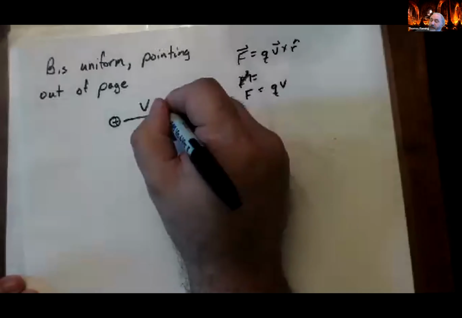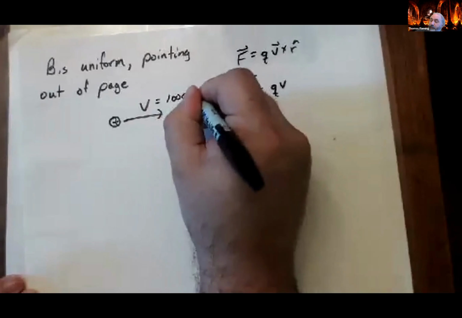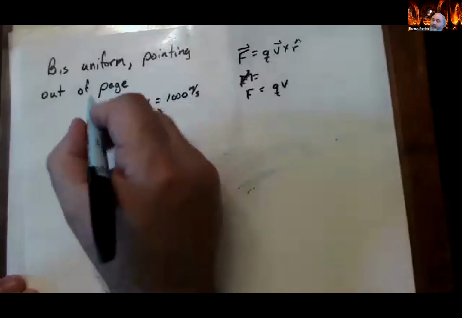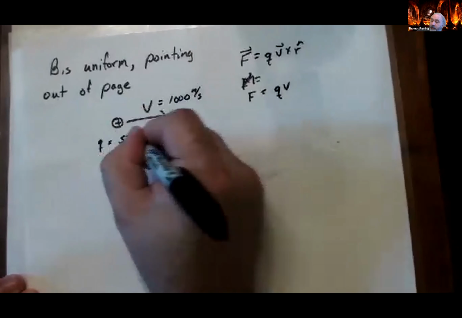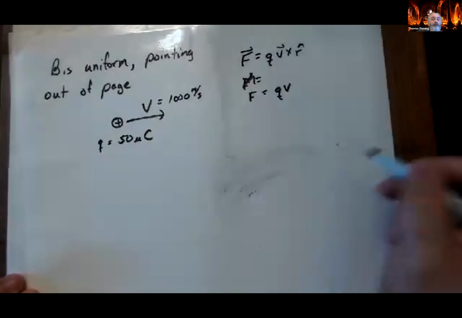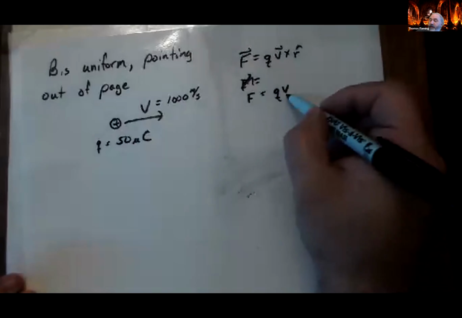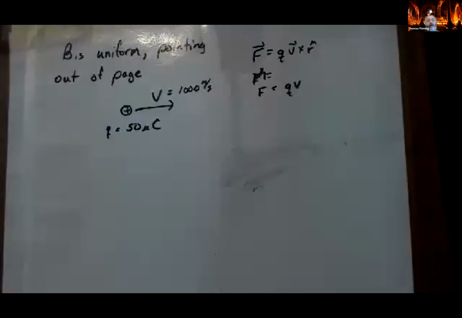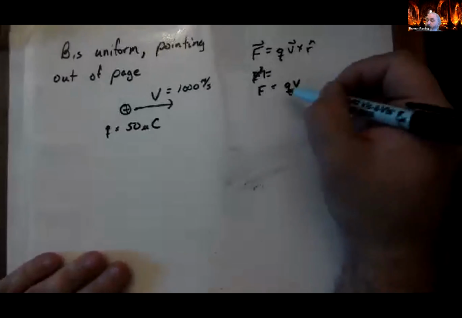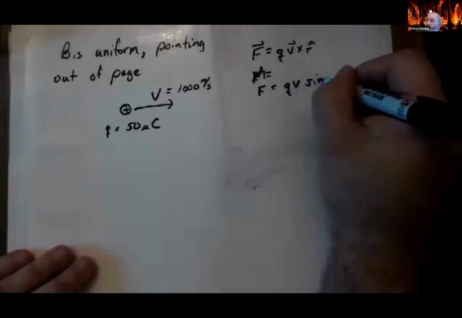Let's give it a velocity of, let's say, 1,000 meters per second. And let's give it a charge of 50 microcoulombs. So F will be the magnitude of Q times the magnitude of V times the magnitude of R hat. But R hat is a unit vector, so by definition, it has a magnitude of 1. So Q times V times 1 times the sine of the angle.